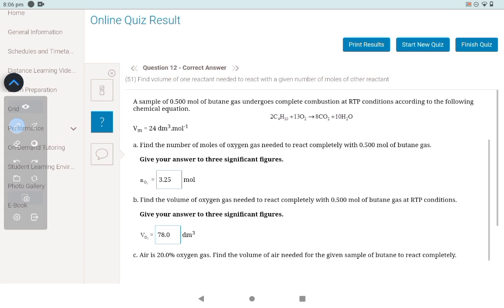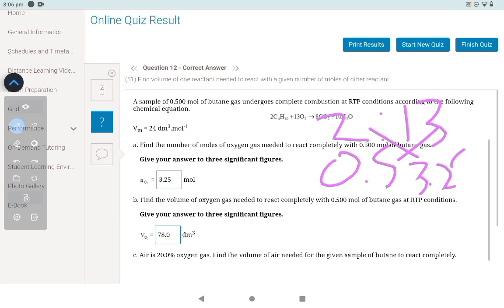Now, this one: the number of moles of oxygen gas needed to react completely with 0.5 moles of butane gas. We do MCR, straight up. We have butane gas, which is 2, and oxygen gas, which is 13. 2 to 13, and 0.5; cross multiply, we get 3.25 here.